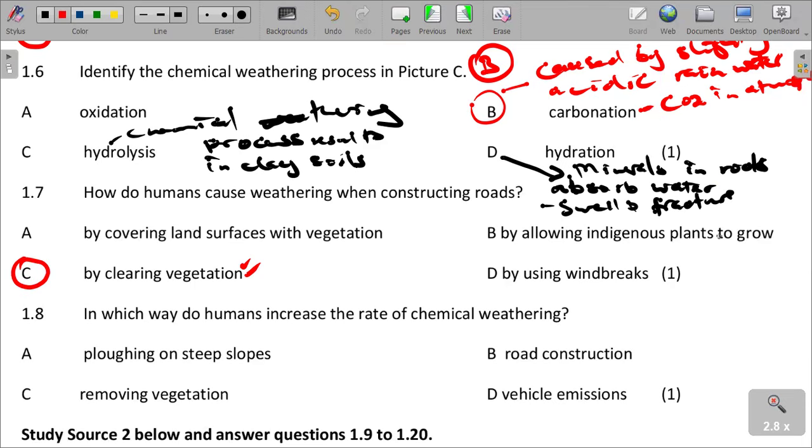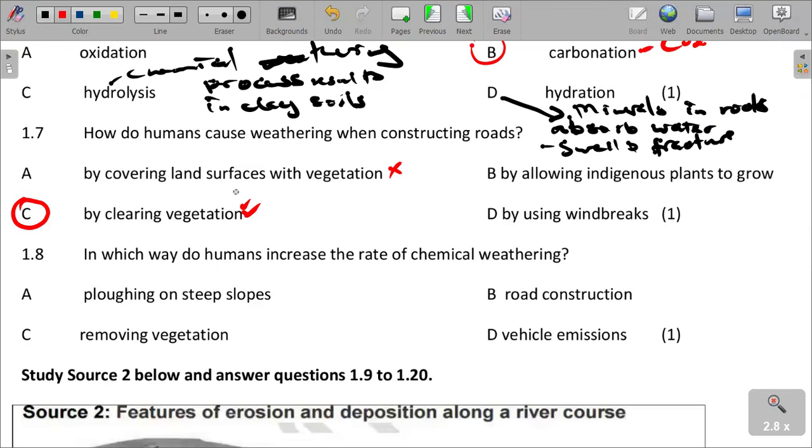Allowing indigenous plants to grow also cannot be it. When we construct roads, we cut off trees and clear vegetation, which sometimes grows on rocks, and removing it can result in weathering.